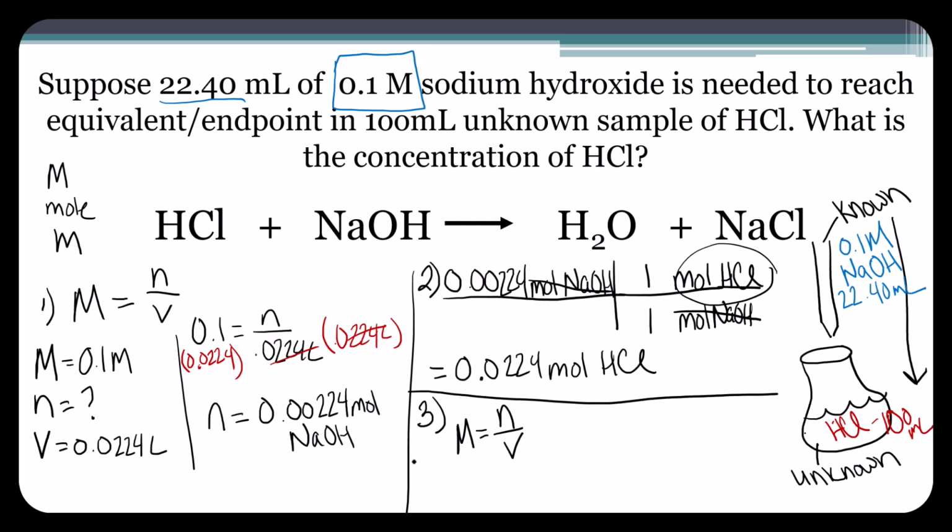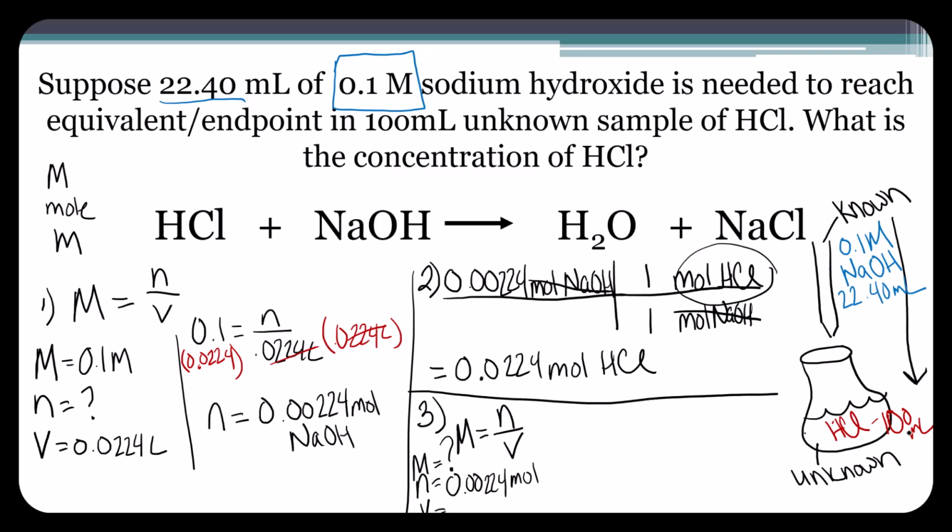So taking inventory, molarity, moles, and volume. Molarity is literally what I'm solving for. That's the unknown that I'm trying to figure out. I do know now the moles of my unknown because I just solved for that in step 2. So this is 0.00224.